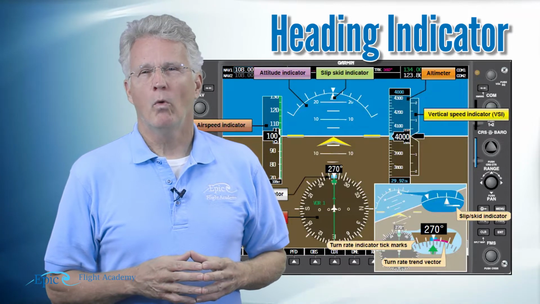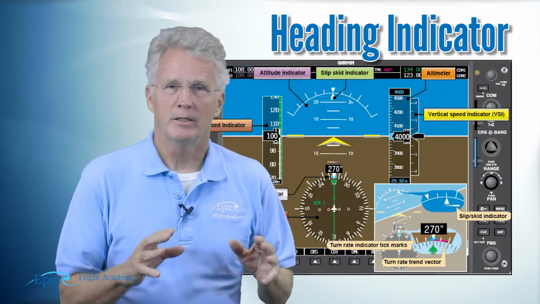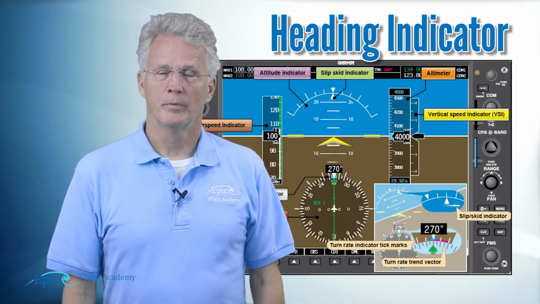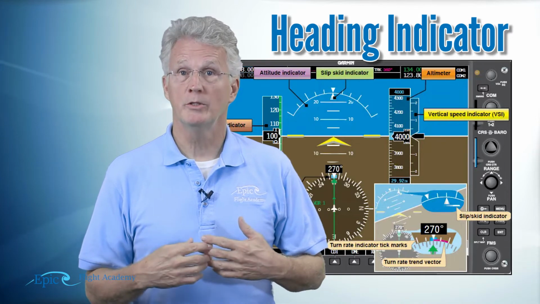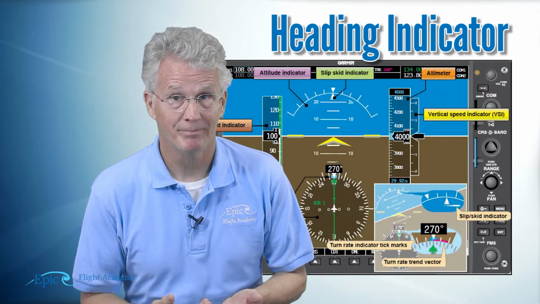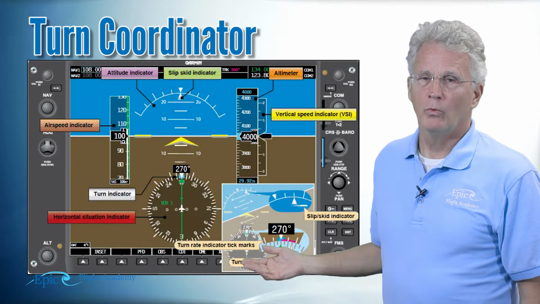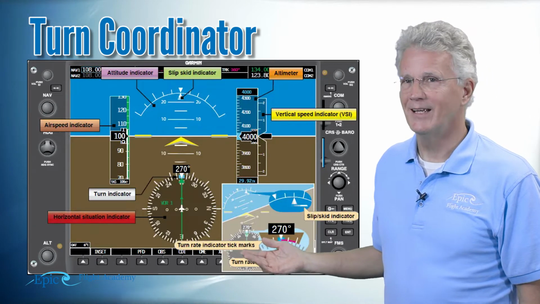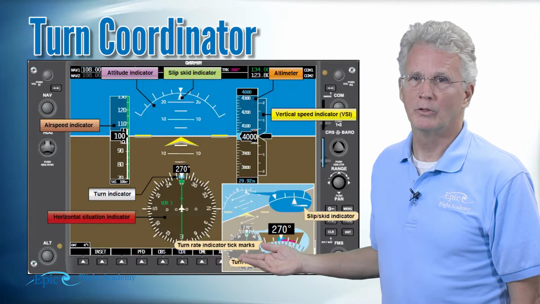Now, the one instrument that's left that's maybe a little bit hidden is that turn coordinator. Remember, the turn coordinator told me my turn in degrees per second? Well, it's on the heading indicator, although we don't see it until the aircraft is rolled into a banked turn.